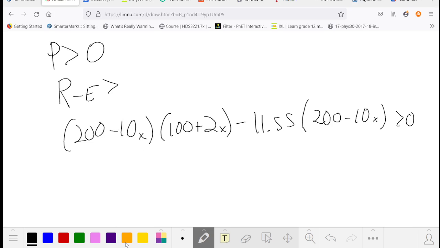So we're going to need our x squared terms. We'll get that by multiplying these two together and only those two. That's a negative 20x squared. Our linear x terms are going to be negative 10 times 100, which is negative 1,000, plus 400, plus 115.5, so that is 484.5.